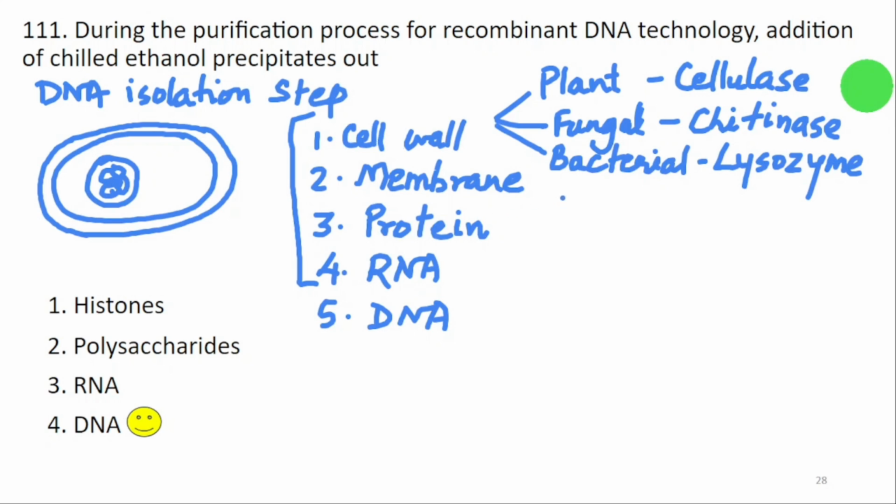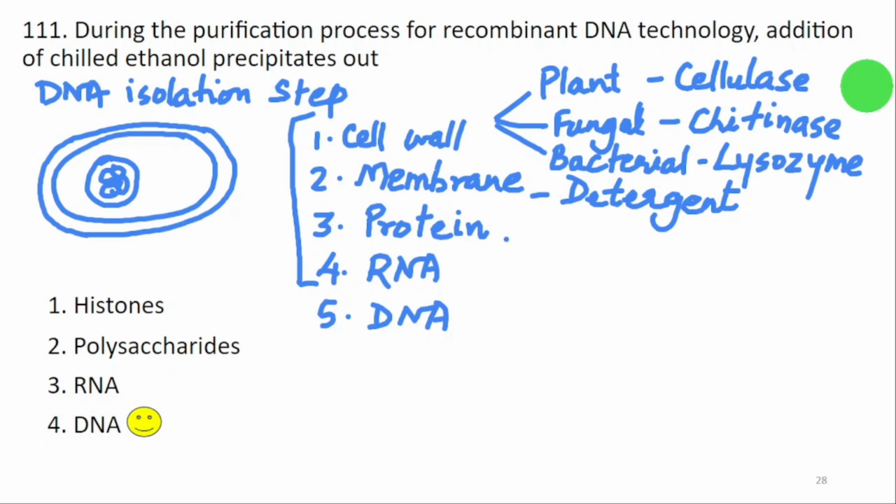Next is the membrane. For membrane, there are specific detergents. Those are called molecular biology grade detergents. So detergents are going to solubilize the membrane. So the cell membrane as well as nuclear membrane will open up. So then you will have a lysate which will have a mixture of protein, RNA and DNA.